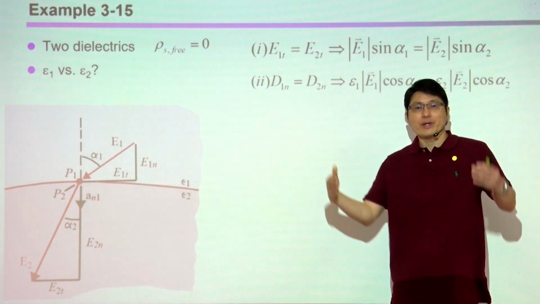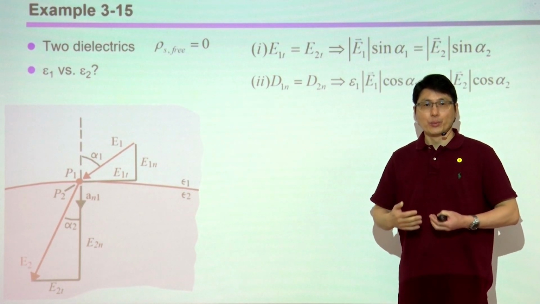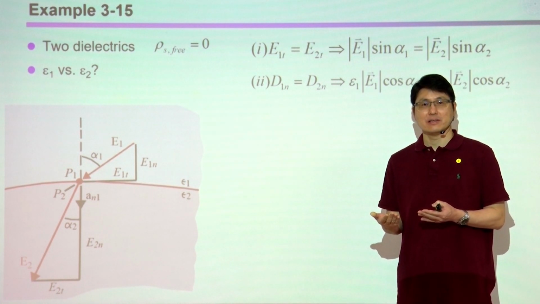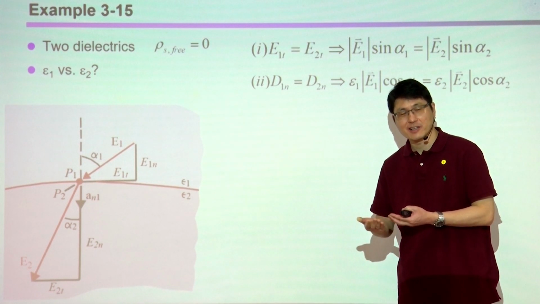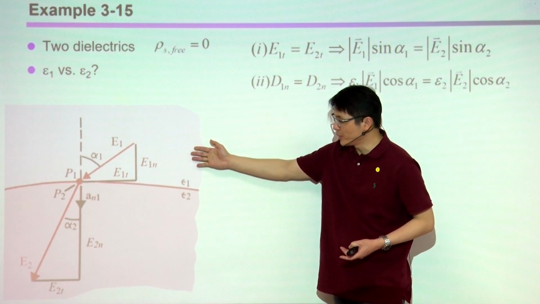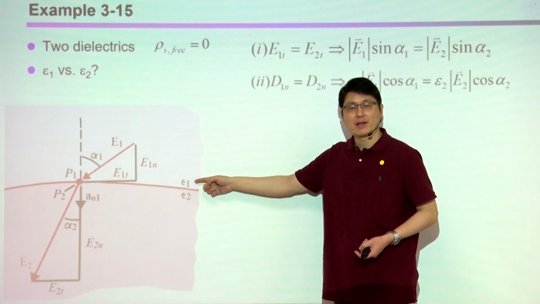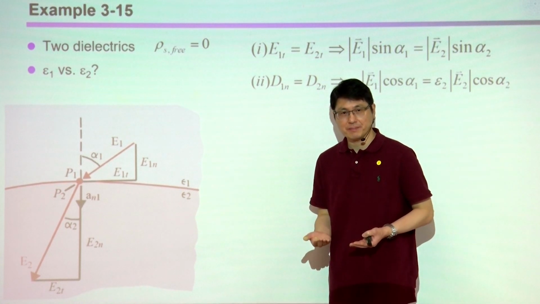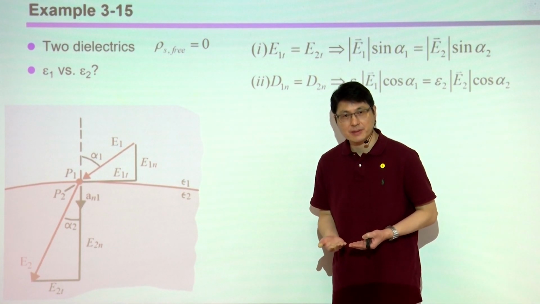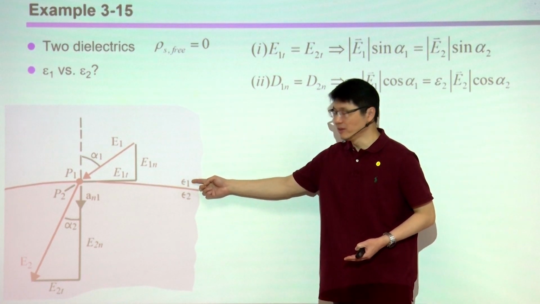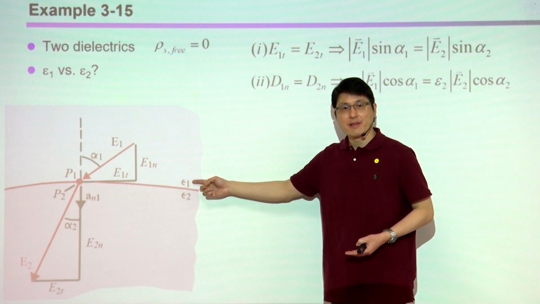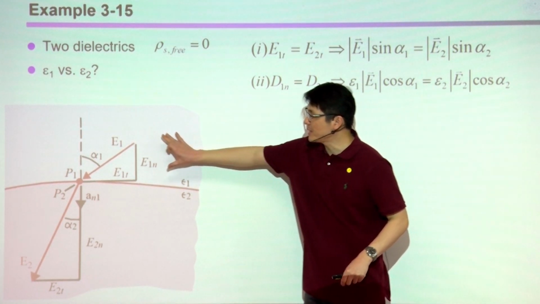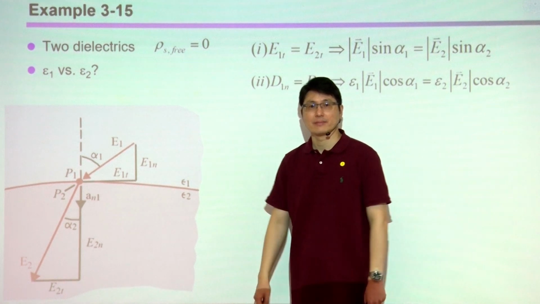But have we understood the reason why epsilon is big? If you have a material with a large epsilon, this material is very capable of producing induced dipoles. If you have a lot of induced dipoles, they all try to cancel out your external field, making your field weak.